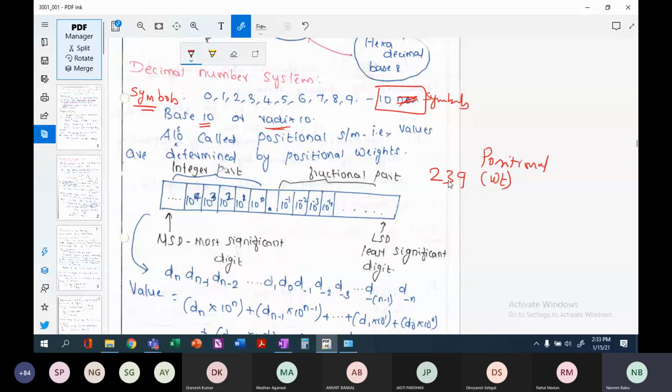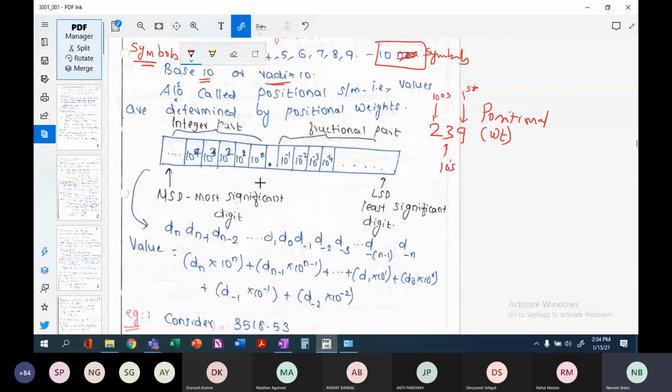This position is called the ones position, this position is called the tens position, and this position is called the hundreds position. So 2 corresponds to a weight of 100, 3 corresponds to a weight of 10, and 9 corresponds to a weight of 1. Based on that, any decimal value can be represented in a table like this.